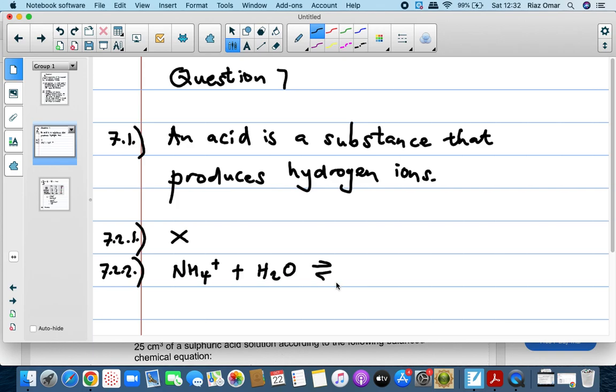This is a reversible reaction, and then we get NH3, but you also get, because the hydrogen goes across, H3O plus. So we'll get ammonia, plus we'll get H3O plus, the oxonium ion. So there'll be more H3O plus in the solution.